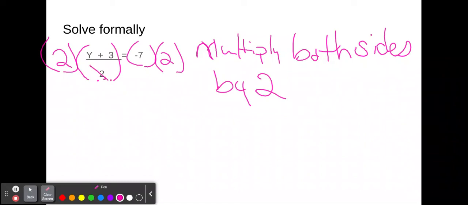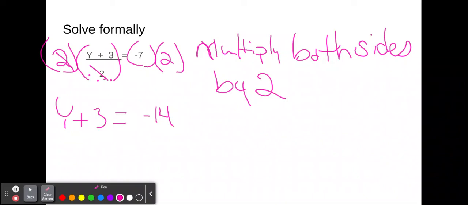So this 2 and this 2, the division and the multiplication cancel each other out, leaving us with simply y plus 3. And that's going to give us a -14 over there. So this is a case where we do the multiplication part first, if we've got multiple things divided by or all over the same number like that.